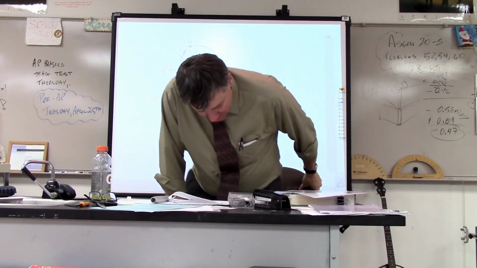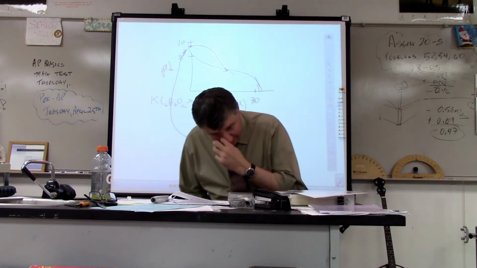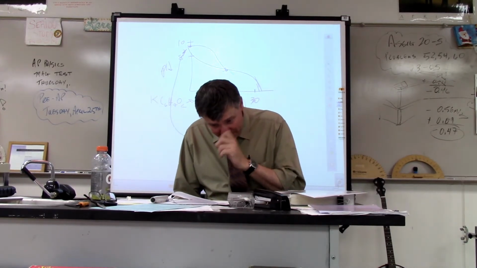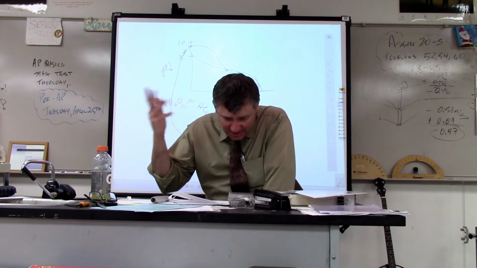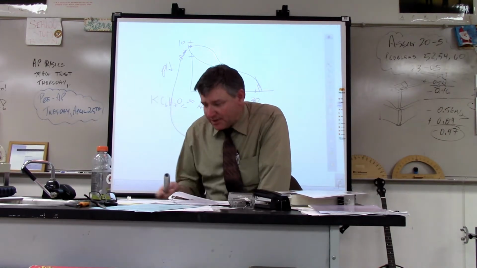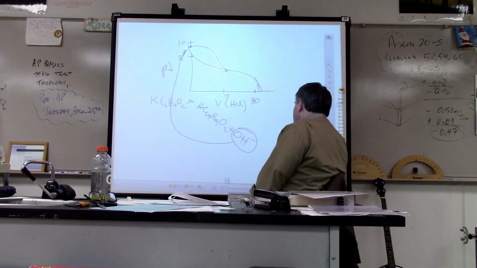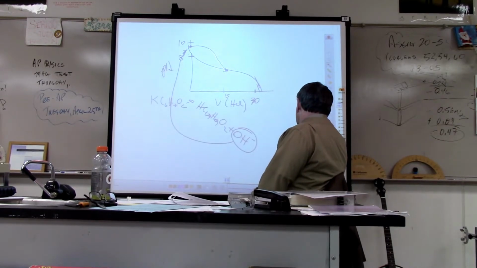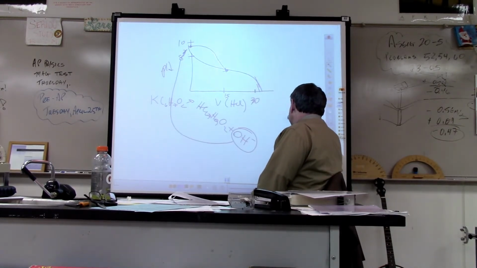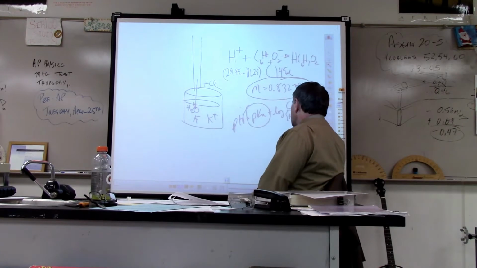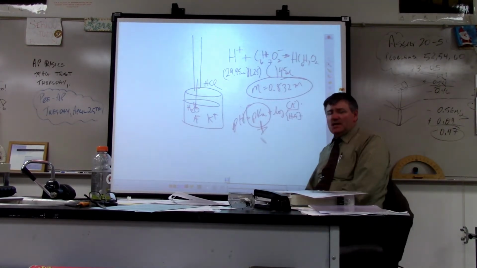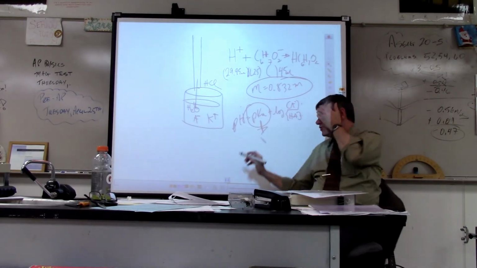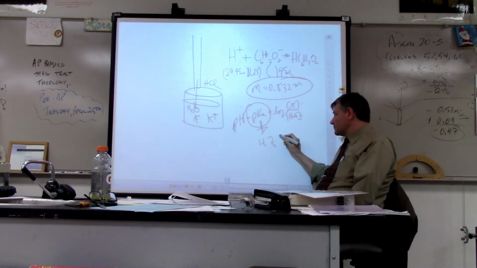Now, let's talk about F. The pH of the soft drink is 3.37 after the addition of this. Which species has a higher concentration than the other in the soft drink? So here's the deal. Go back to here. What was the pKa value? 4.77, right?